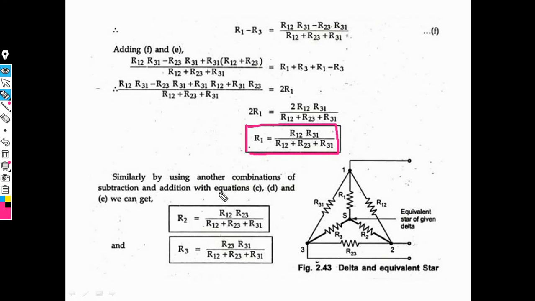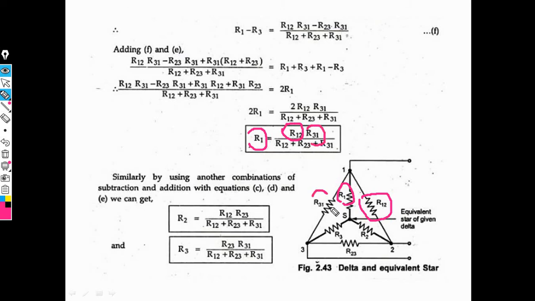Okay, now we have to obtain R2 and R3 with the help of this equation. Now here we obtained the value of R1. Then R1 is connected in series. It is R1 connected in series, R12 and R31.